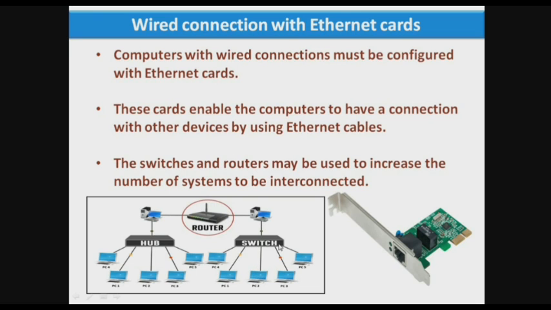So by interconnecting these computers in switches, the interconnection speed will be increased, even though any number of systems will be included in this device. So in that we will connect the computers either by wired or wireless media, but wired connection will provide constant internet speed and it will provide a more secured way of connection.